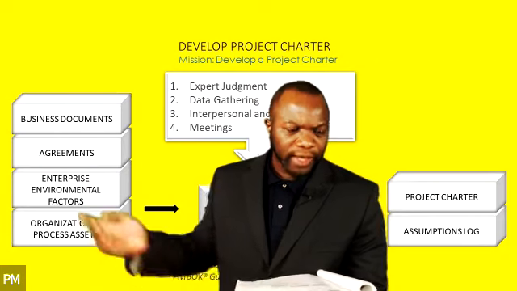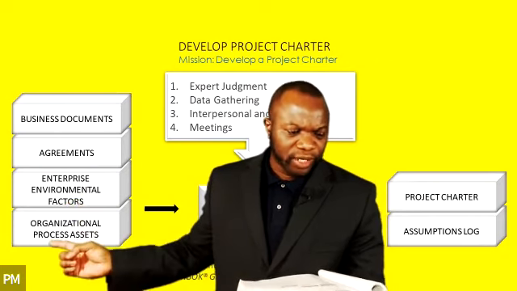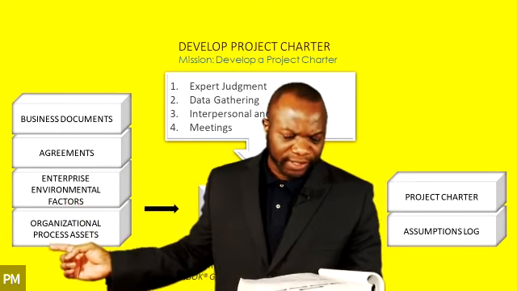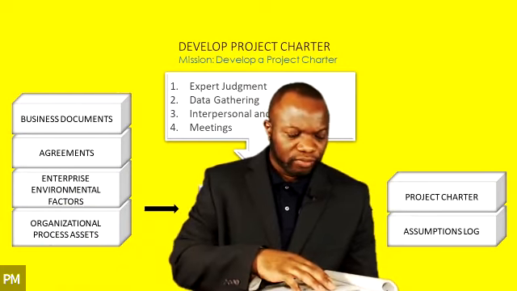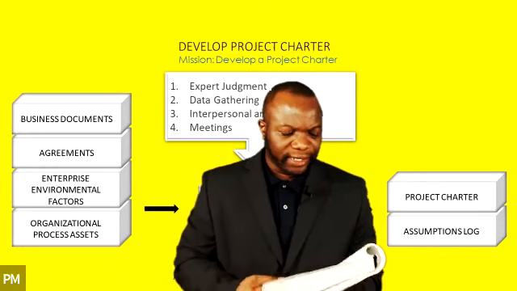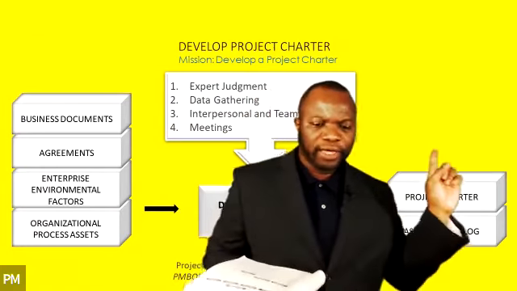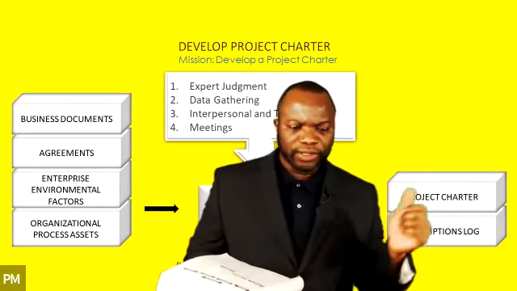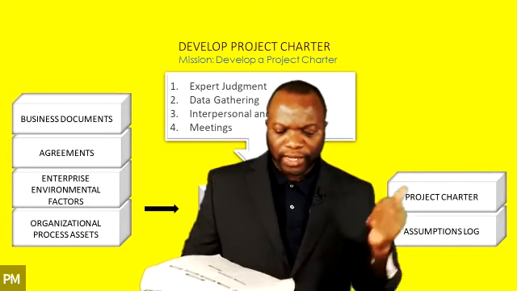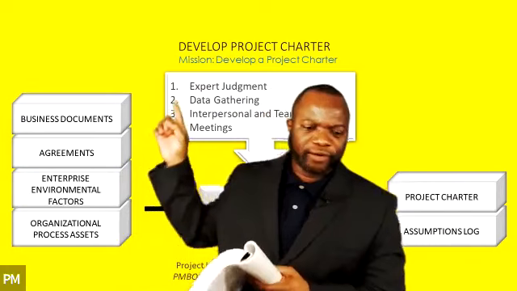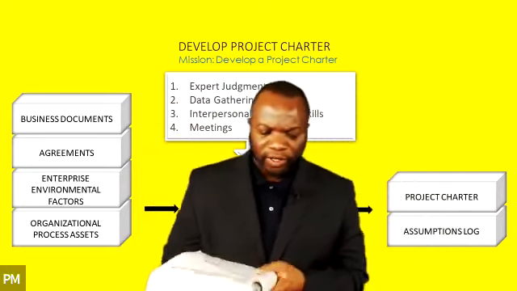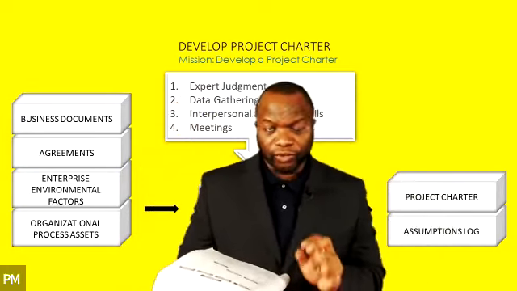Agreements, enterprise environmental factors, and organizational process assets. You see that? That is in the very first box. Then the tools and techniques, you can see behind me: expert judgment, data gathering, interpersonal and team skills, and meetings. You see that right here, all this stuff right here. That is a high-level view of this process.